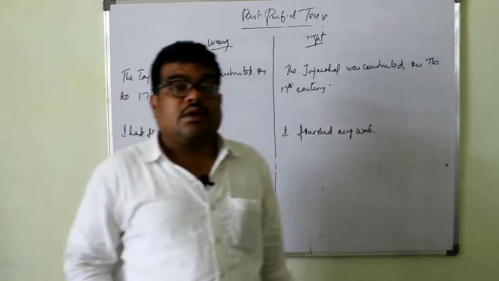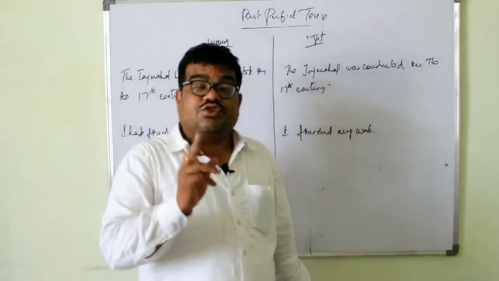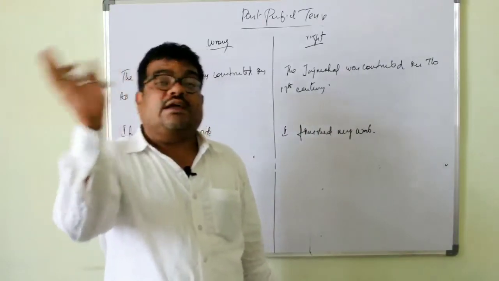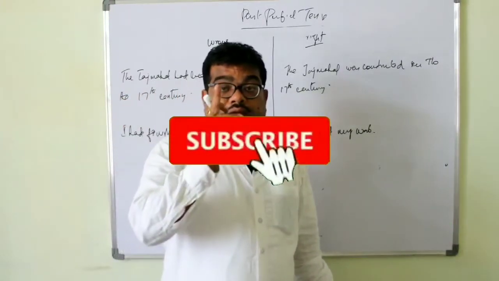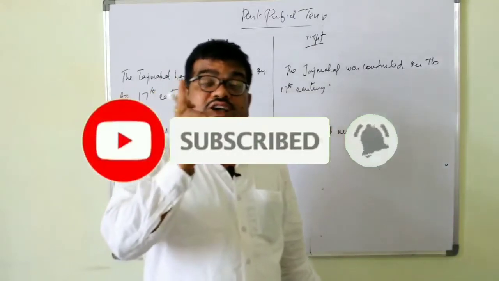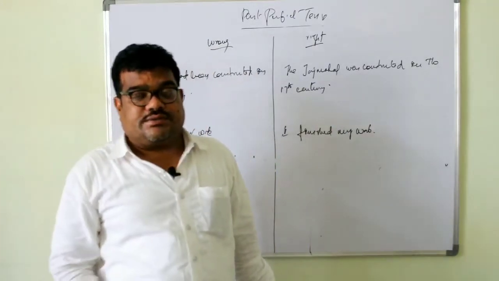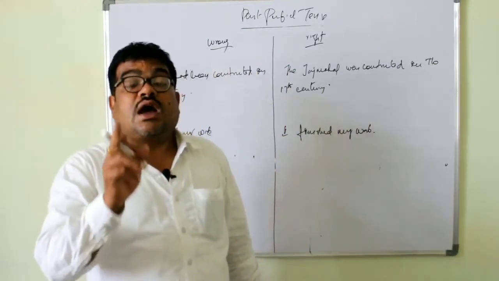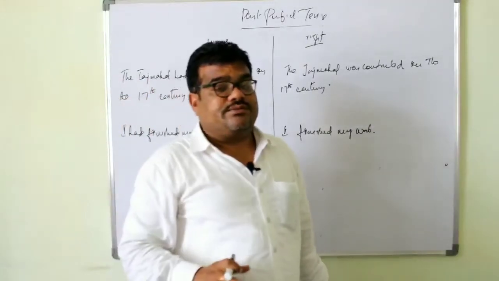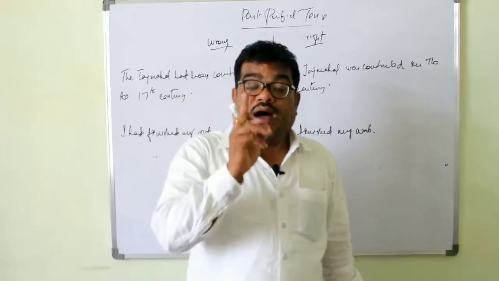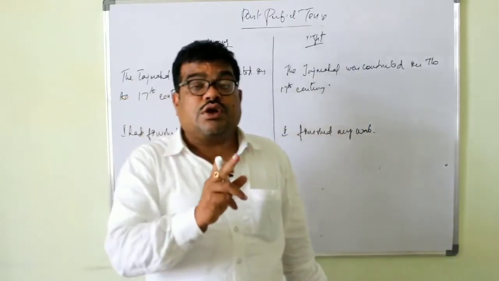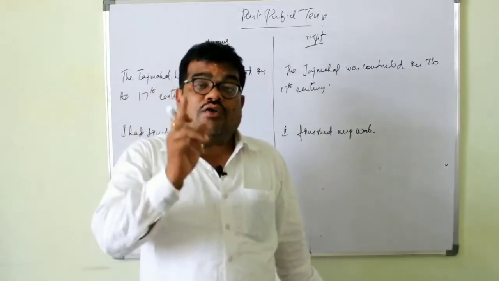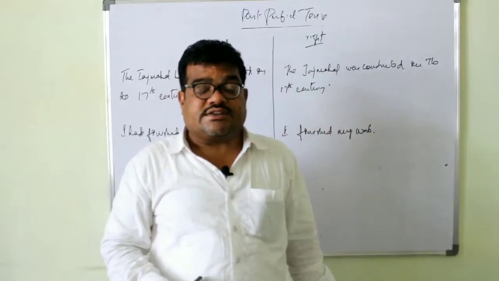Remember this. The past perfect tense is used when there is an idea of earlier past. It cannot be used for an isolated completed action in the past. Simple past must be used for such isolated actions. If you have an idea of the earlier past, then you can use past perfect tense.